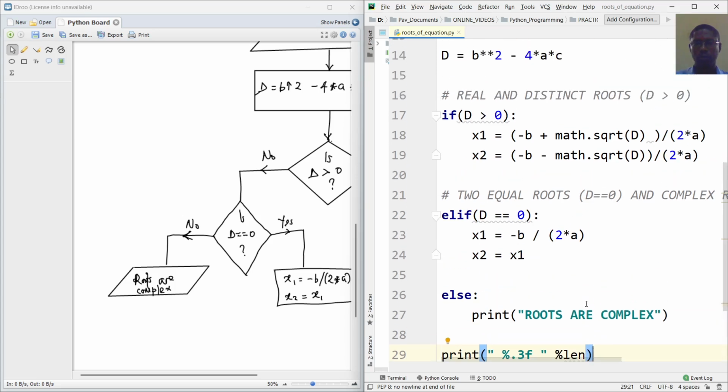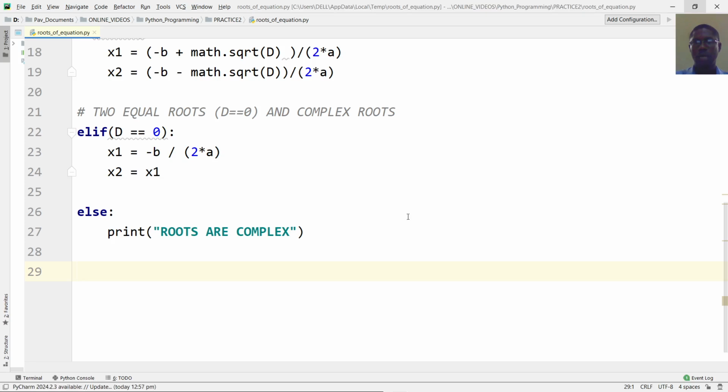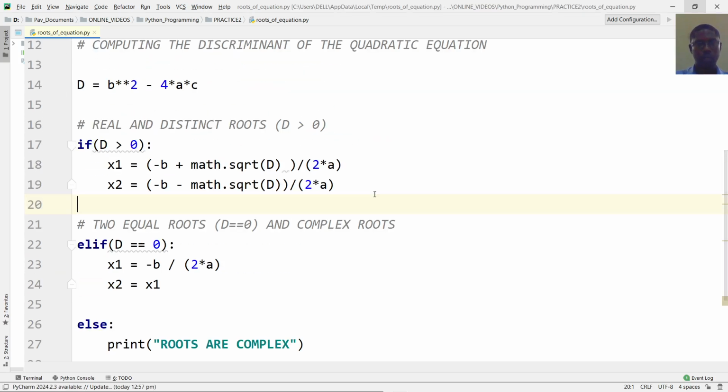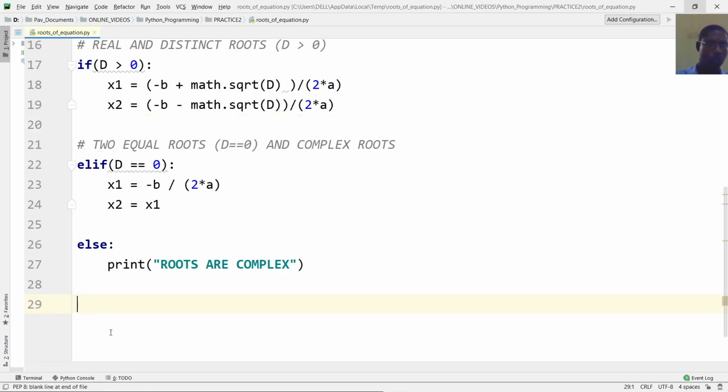Now I would like us to, at this point you should be able to, okay, we are going to see troubleshooting.